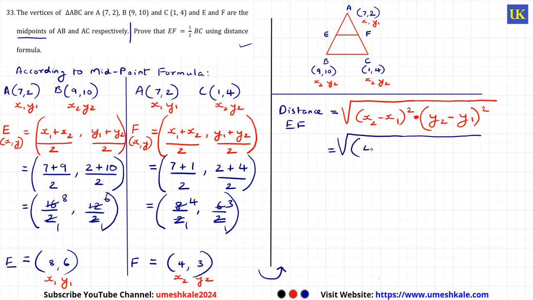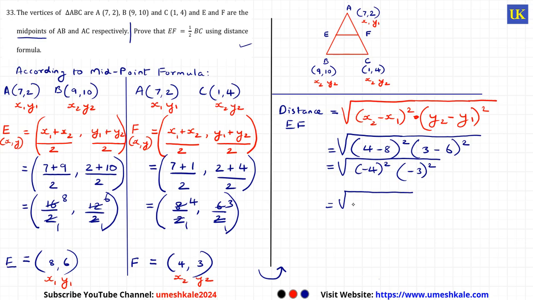So 4 minus 8 square, plus 3 minus 6 square. So this is minus 4 square plus minus 3 square. 4 squared is 16, and one more thing here, we need to write the plus sign.